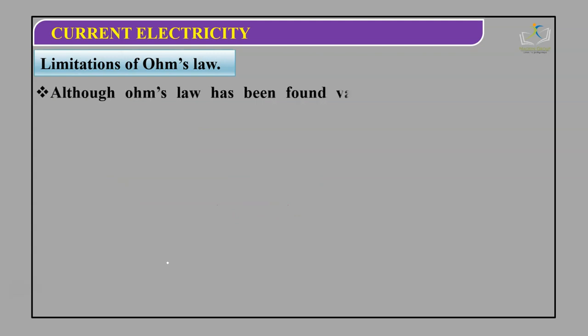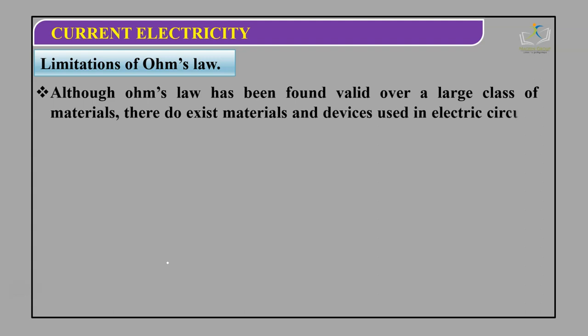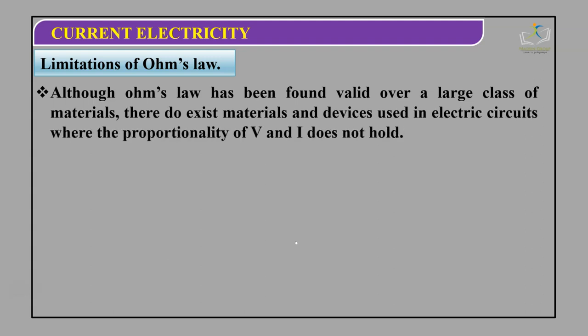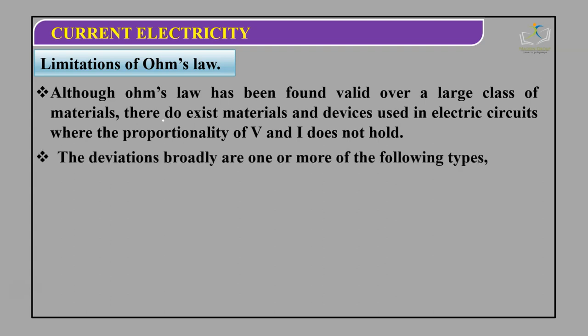Limitations of Ohm's law. Although Ohm's law has been found valid over a large class of materials, there exist a few materials and devices used in electrical circuits where the proportionality of V and I does not hold. The deviations broadly are of one or more of the following types.